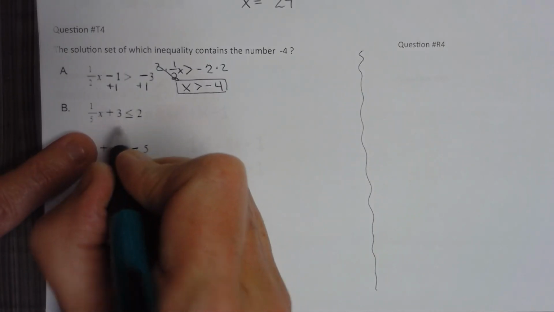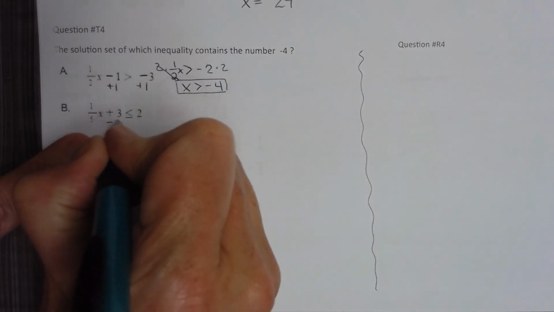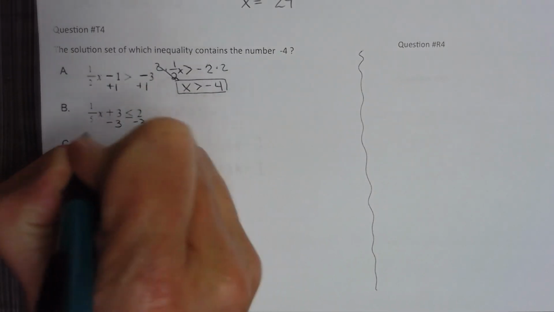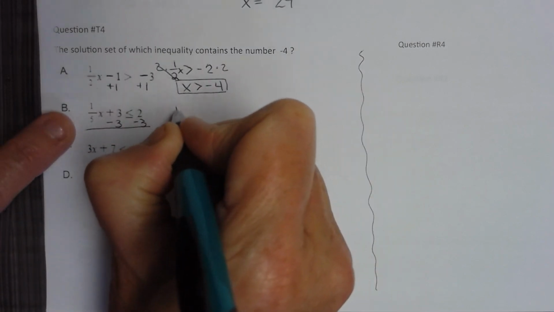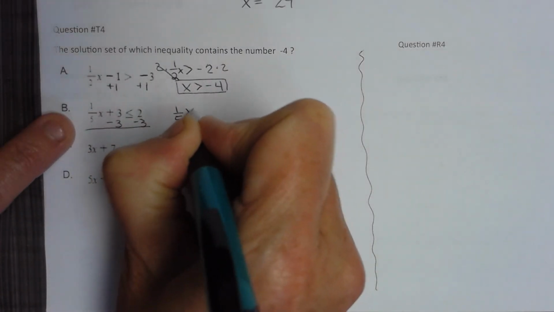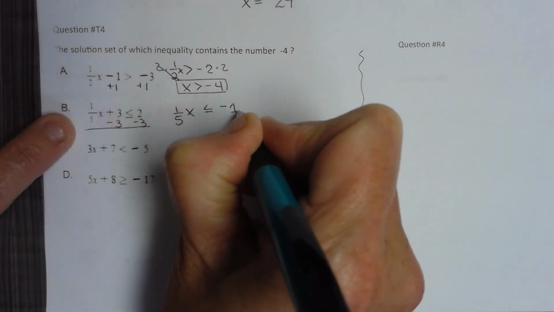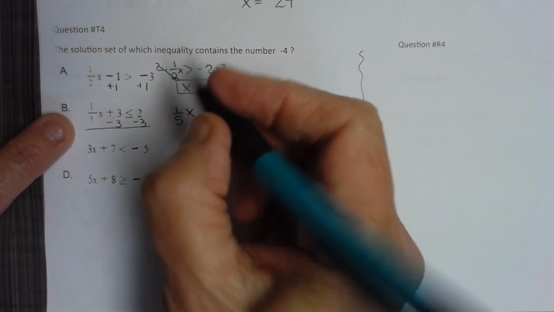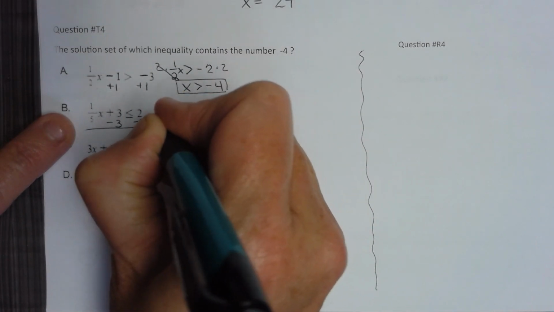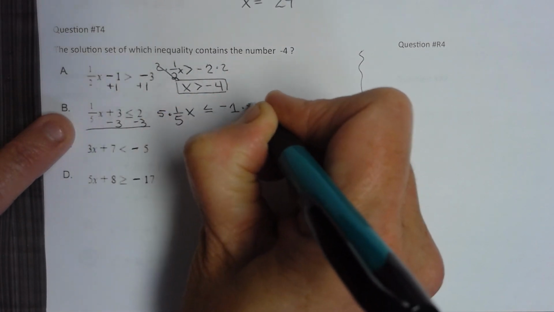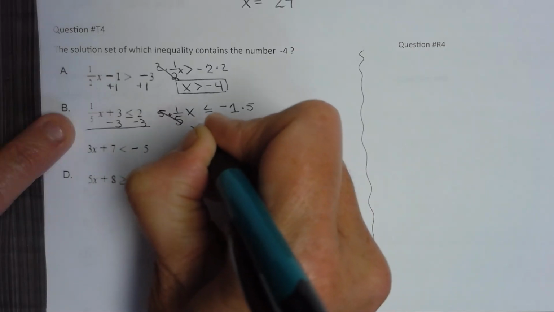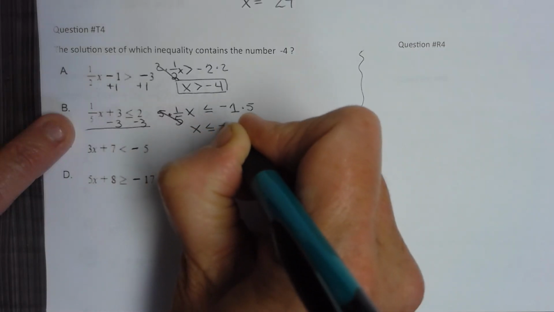Okay, I'm going to solve this one. I'll go ahead and take my first step to save room. I'm going to subtract 3. So I've got 1/5 x is less than or equal to negative 1. My second step is to multiply both sides by 5. So I get x is less than or equal to negative 5.